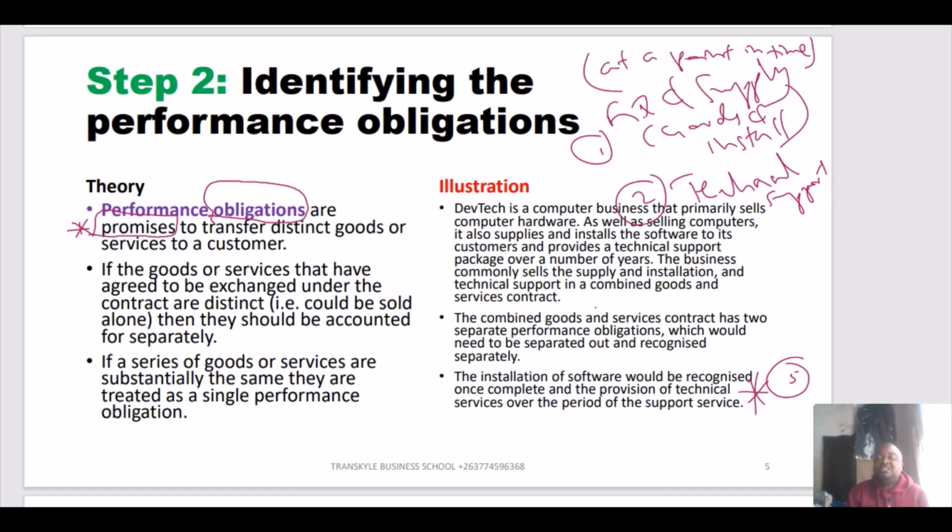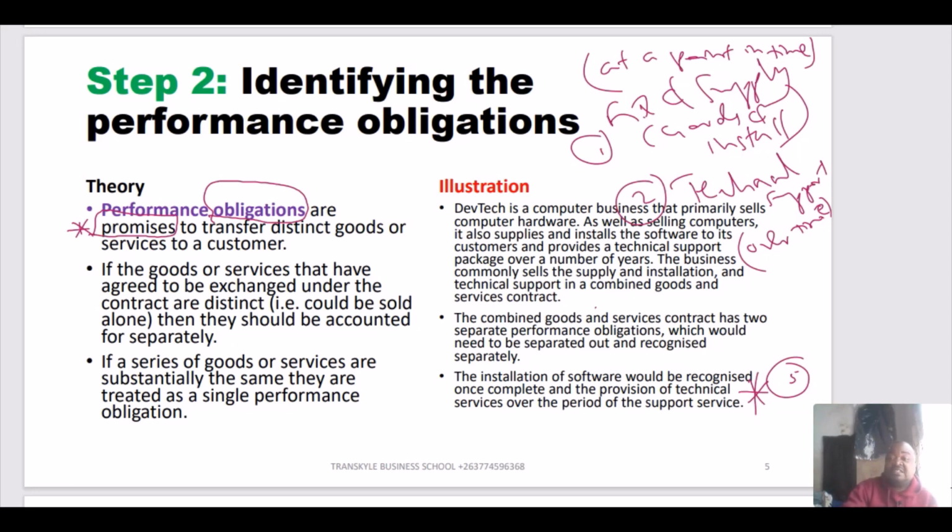And then for this technical support, you will see that the revenue is going to be recognized over time. Why is it over time? Because we are not going to satisfy the obligation on a particular day. We will be having a series of recognition phases. For example, we will recognize for year one at the end of year one, and then at the end of year two we recognize another.